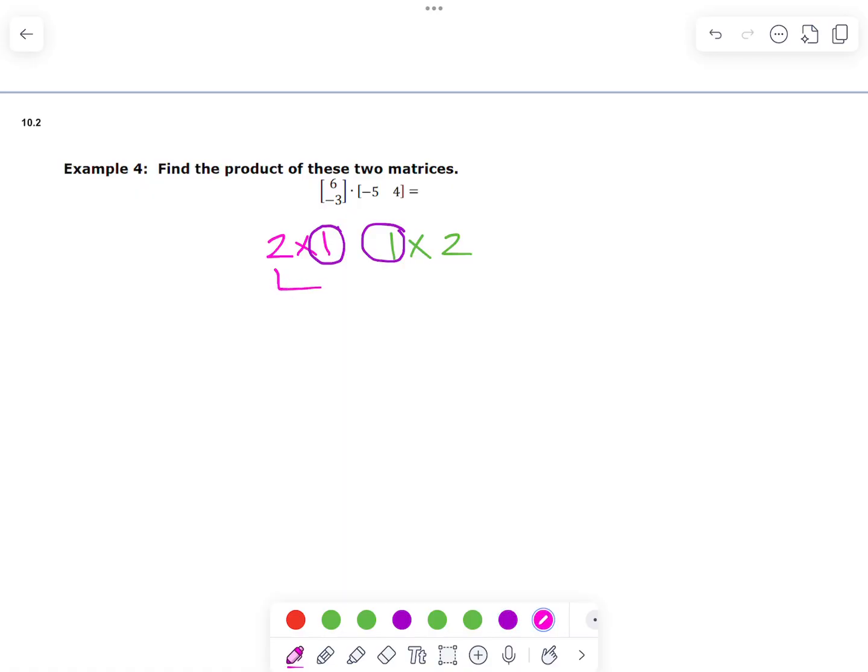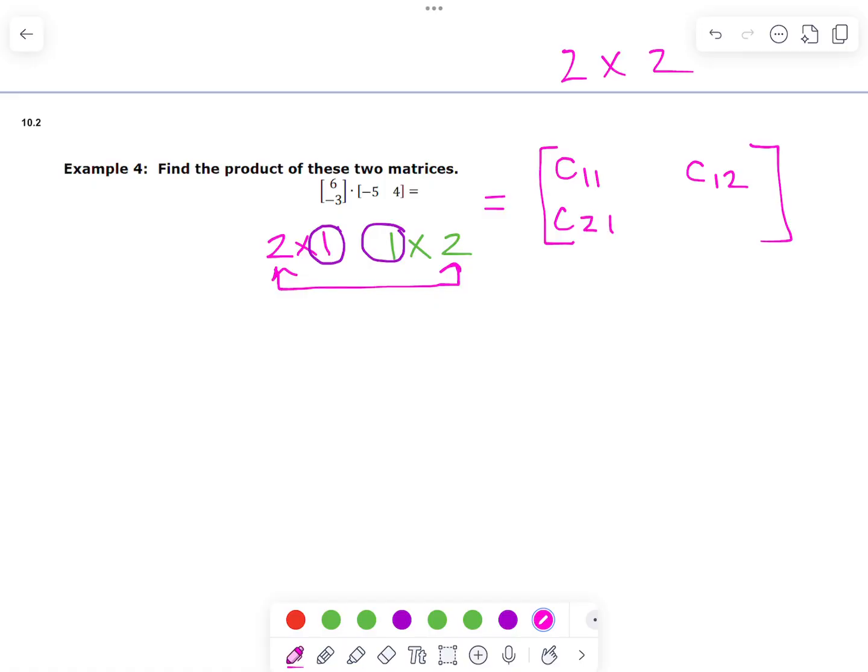So then the exterior numbers are what's going to produce the type of matrix we're going to have. So we're going to have a 2 by 2 matrix, the same as the last one. So we're going to have a C11, a C12, again a 2 by 2 matrix.